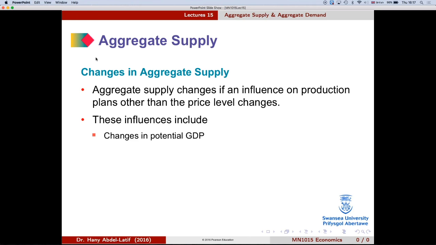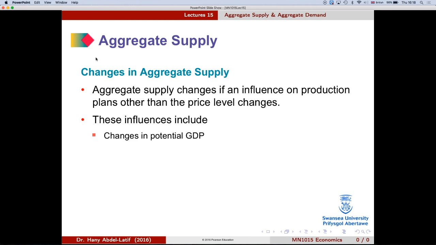The long run aggregate supply is determined by the potential GDP. If the potential GDP increased, that should shift the long run aggregate supply to the right. So what would change the potential GDP?